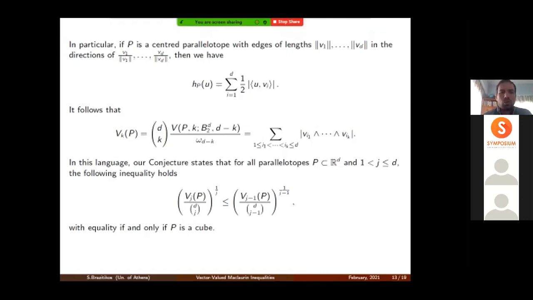So we have, and the equality holds if and only if P is a cube.